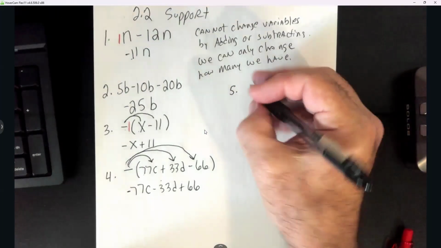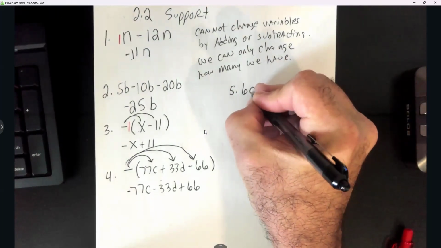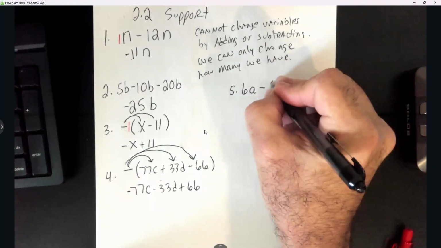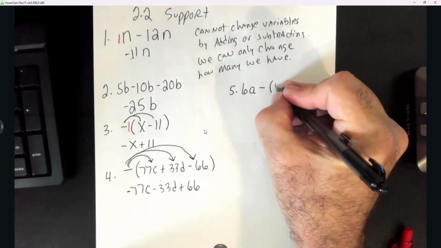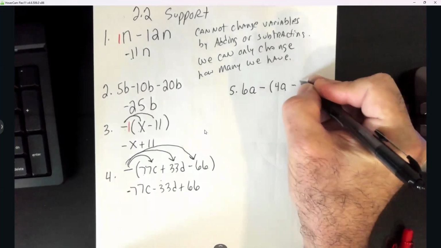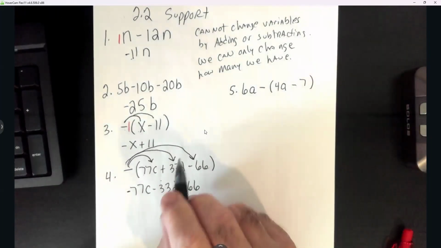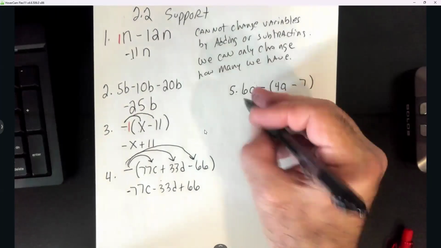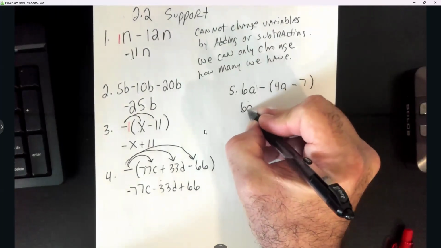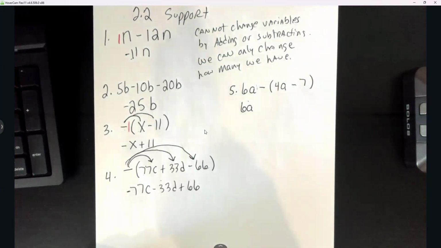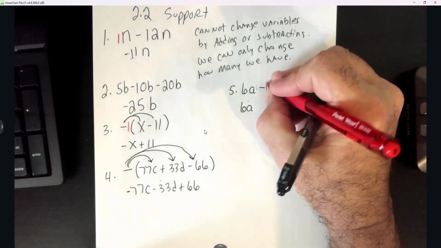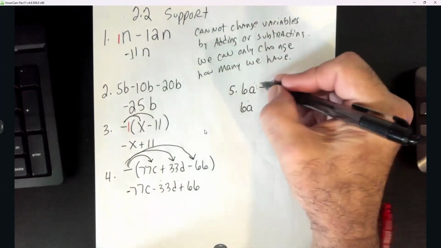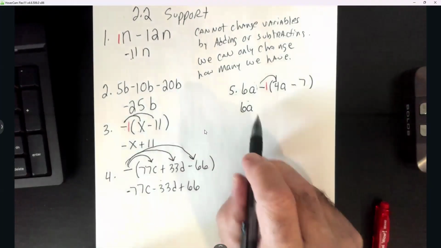All right, now let's watch this number 5. It's got 6a minus parentheses 4a minus 7. This 6a isn't in the parentheses, so you're going to bring it down. You're going to treat this like a negative 1, and distribute it through the parentheses.